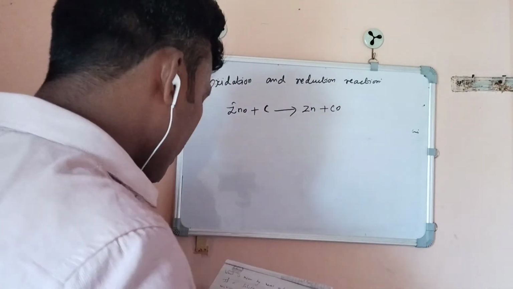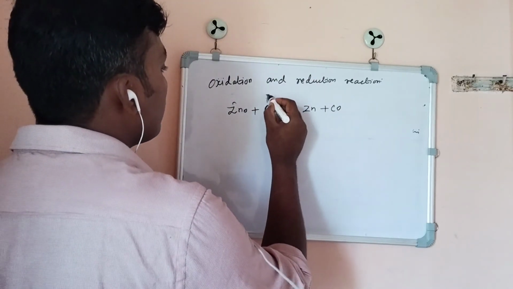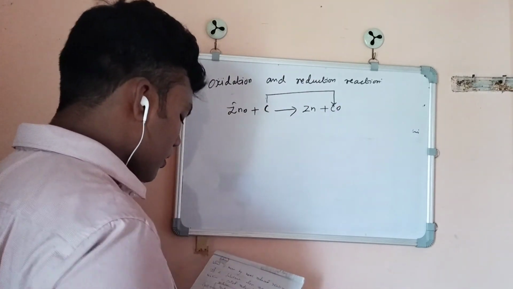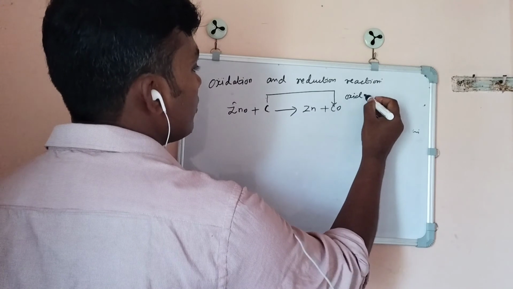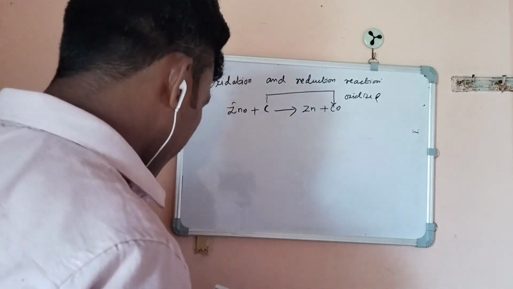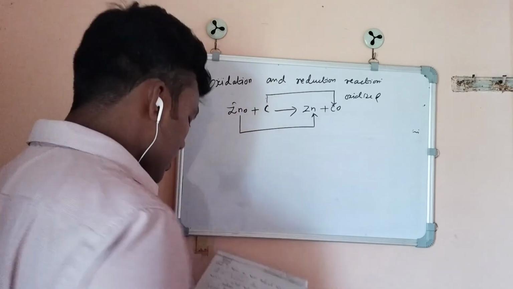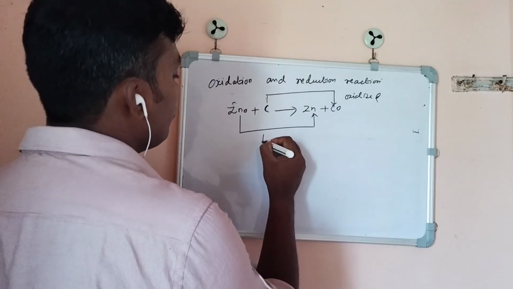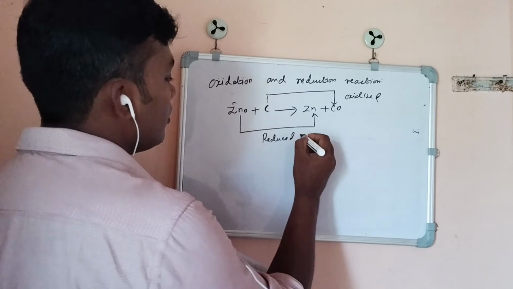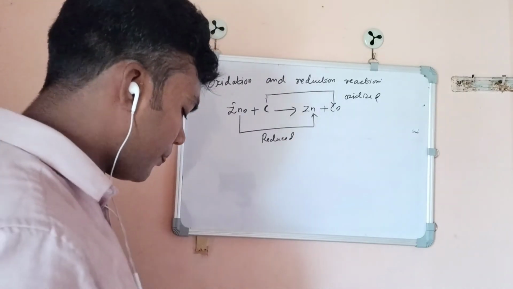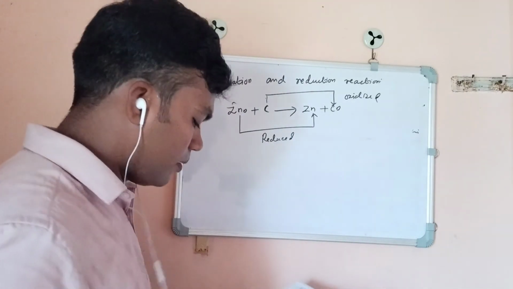What happened in this case? The carbon gained oxygen. This is oxidized. The zinc oxide lost its oxygen. This is the reduction reaction.